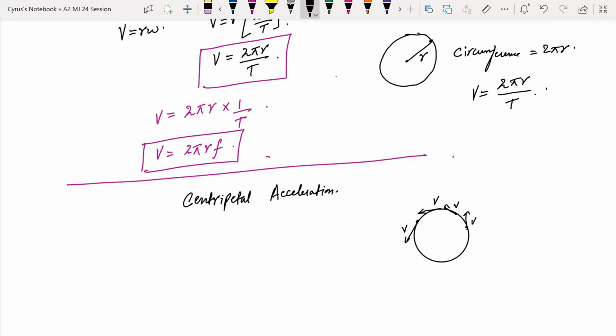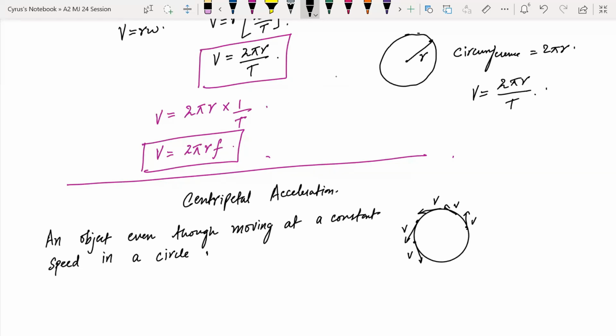But what's happening is that the direction is changing, so it will be accelerating. I'm going to write here that an object, even though moving at a constant speed in a circle, will be accelerating. And the reason for that is since its direction of velocity is changing.